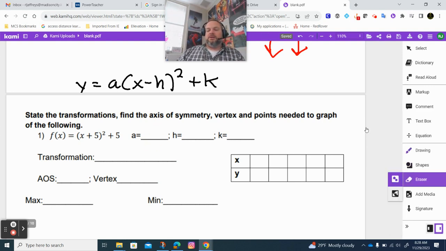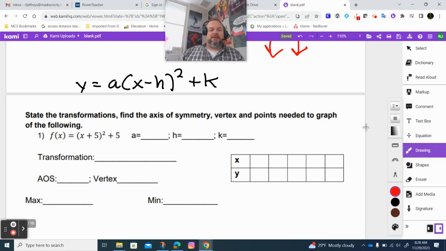Now I'm going to color code these because I normally like to do this. h is the number that's inside the parentheses. It's the opposite of what's written. It's written as a +5. So what's the opposite? -5.